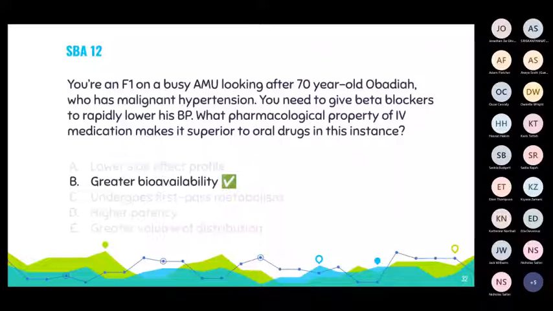Whereas if it's got a low volume of distribution, it's not distributing very much. It's mostly staying where you want it to go, and therefore you can get away with a lower dose, if that makes sense. That took me a long time to get my head around, but actually that is quite a simple way of thinking about it. Last question.